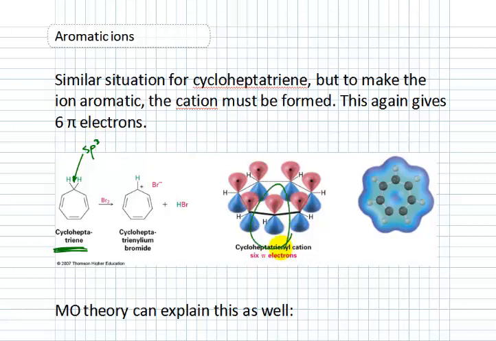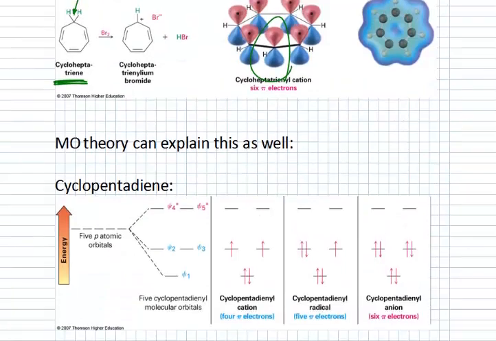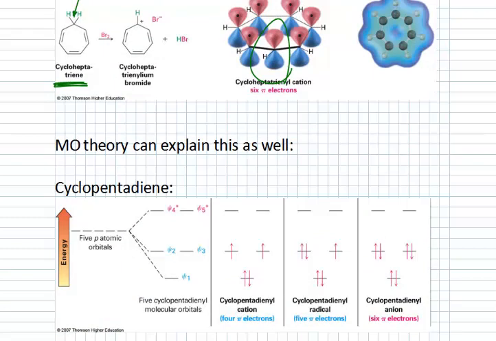I can, through resonance, distribute that positive charge through every carbon within that ring. We see that in this electrostatic potential map, that it's symmetrical. Okay? By removing those electrons, we have 6 pi electrons around the ring. That again gives us an aromatic system. And through molecular orbitals, we can see how that works.